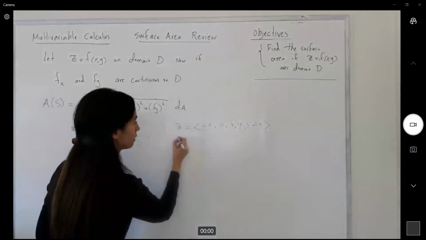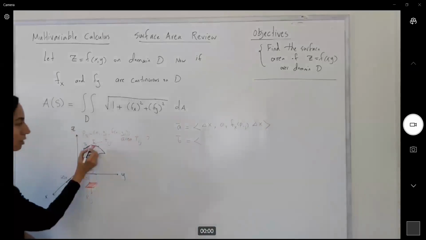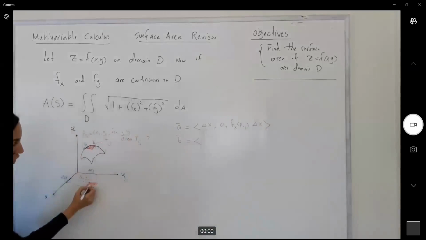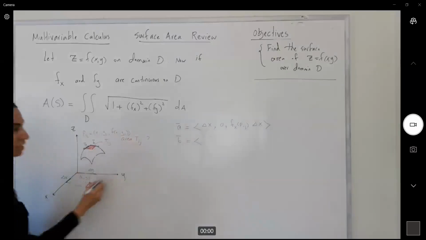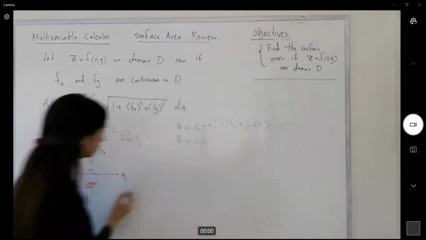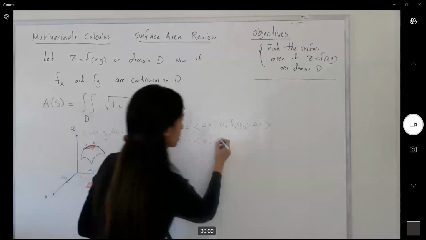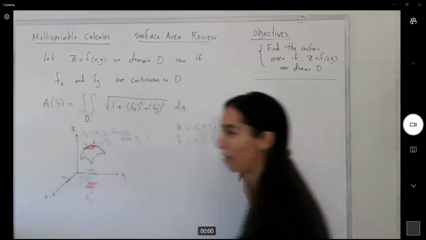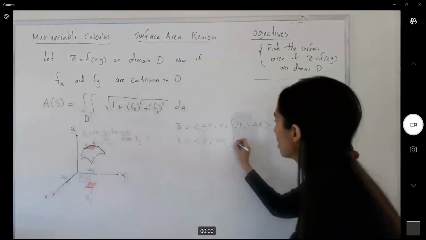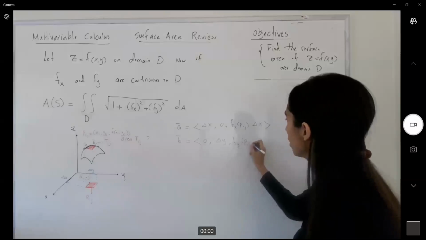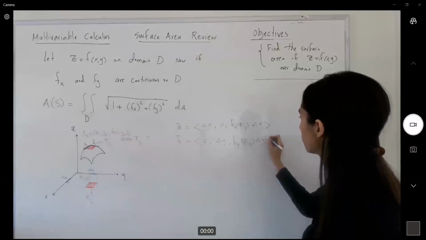Then we define the vector B as, okay, this is vector B. If you look at the projection of vector B in xy plane, the first component is 0, the second component is delta y, and the third component is the partial derivative of f with respect to y at Pij times delta y.